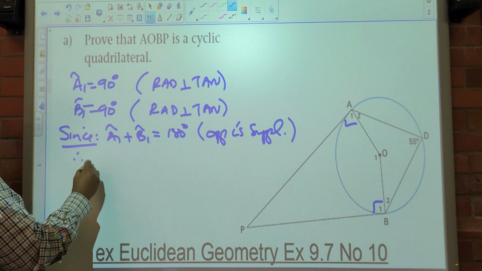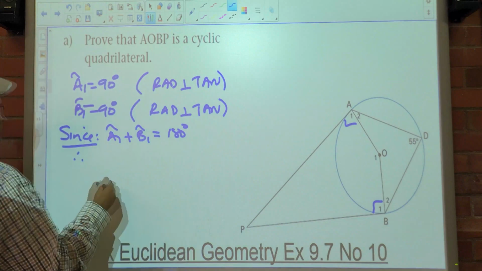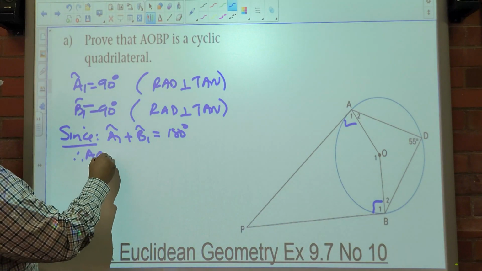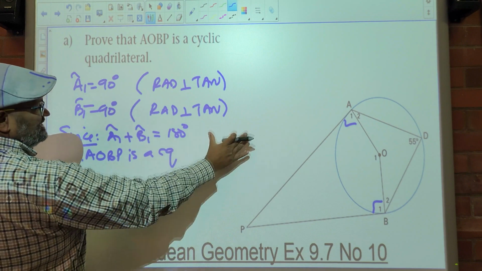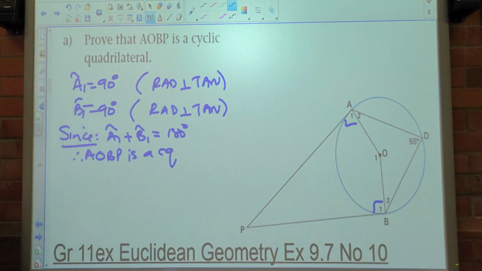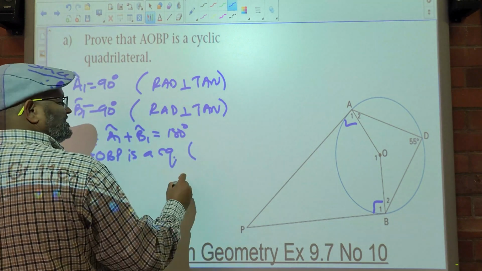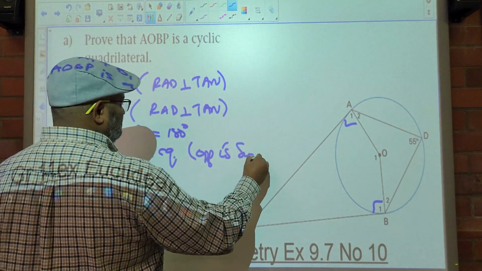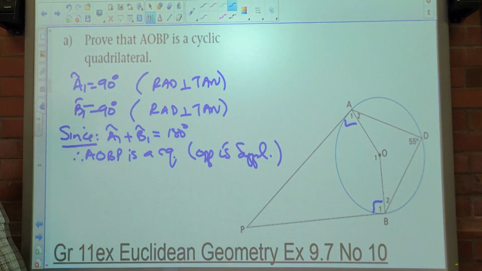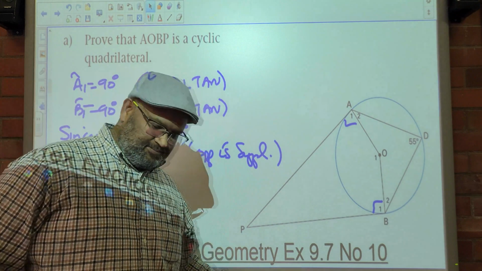Therefore, AOBP is a cyclic quad. People, if you had written that reason there, you lose the conclusion mark. And why is it a cyclic quad? Because the opposite angles are supplementary. As I said, if you had written that there, you lose the mark.